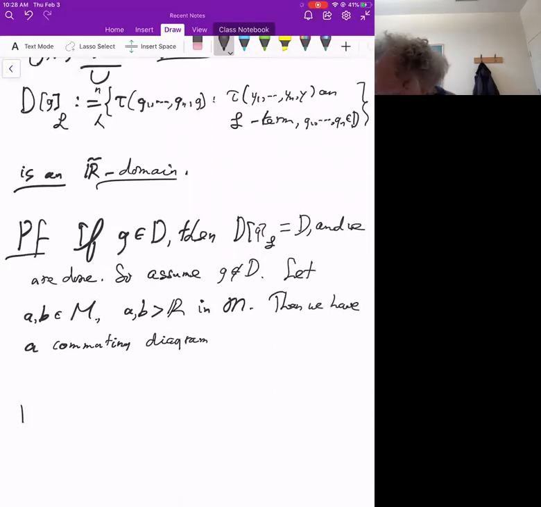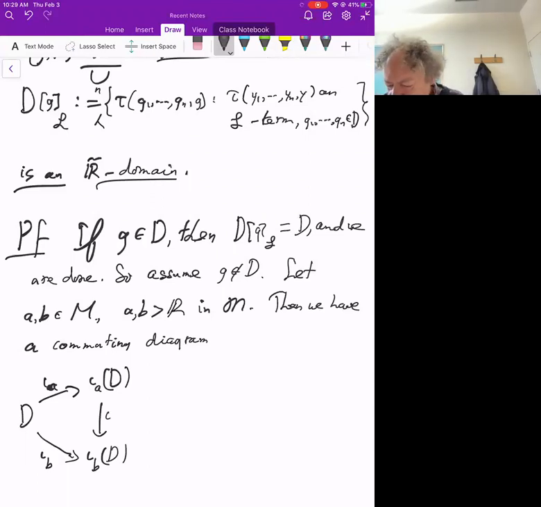Well, D, iota a into iota a D. Iota b, iota b D. Since these iota a and iota b maps are isomorphisms, I can of course make a commuting diagram this way, right?